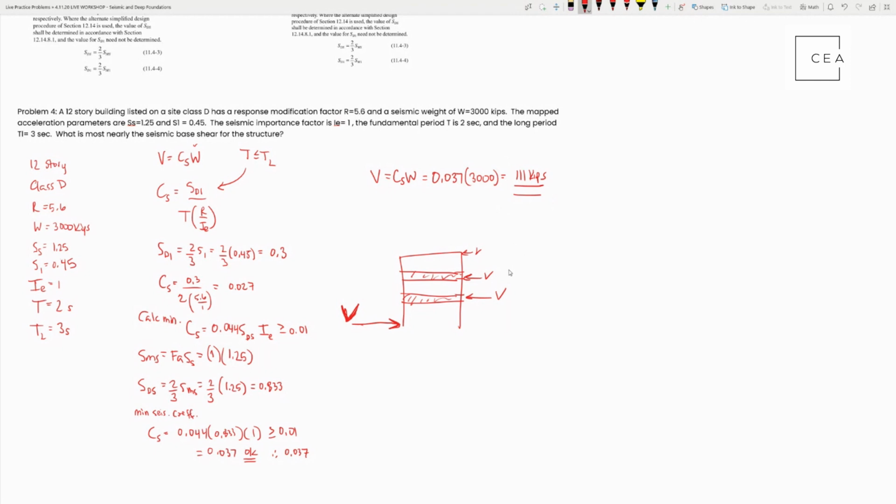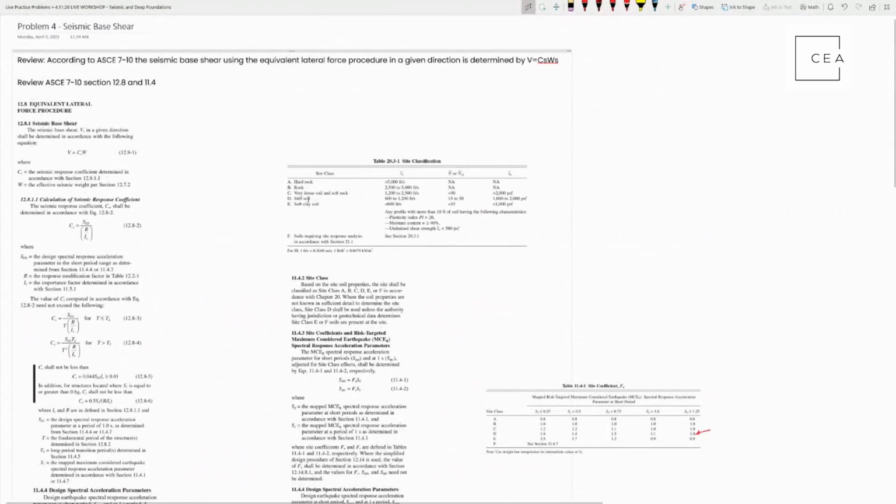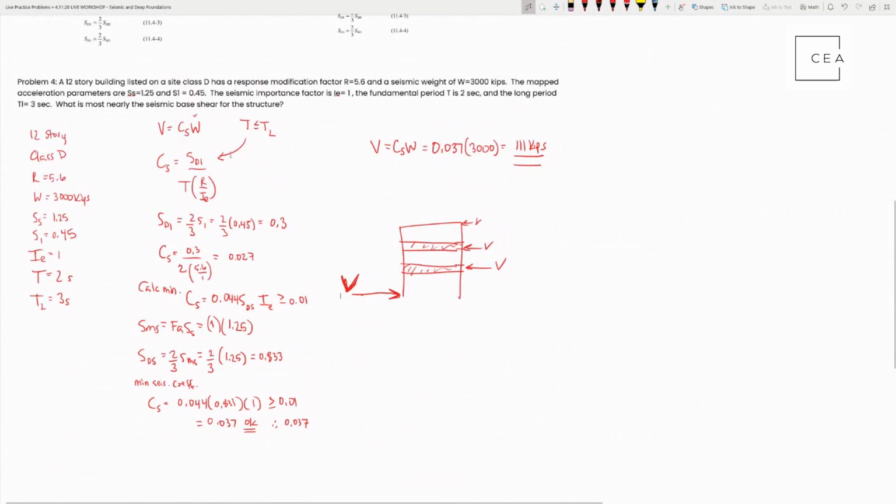So, hopefully this whole problem just gives you a new respect, if you aren't studying this yet, of knowing what seismic base shear is, how it works, and using the code to solve that. You need to be familiar with that as part of this, the ASCE 7-10. Probably spend a lot of time on that.